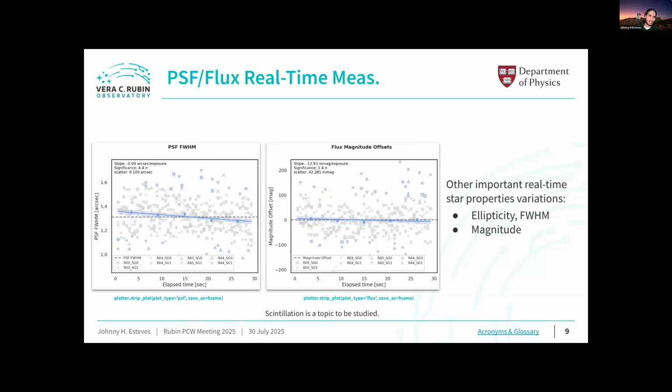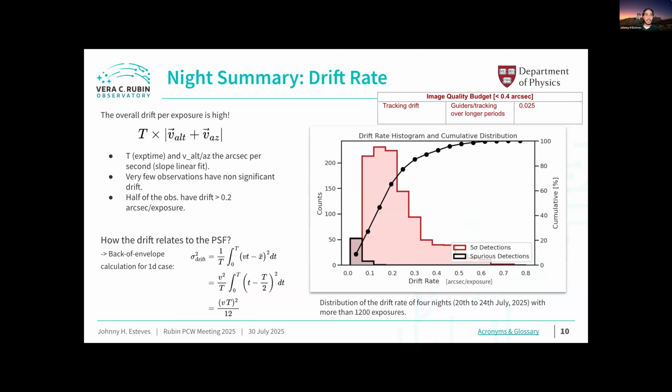And you can also look at these plots for PSF, flux, and ellipticity. And here is an example of the local measurement of how much the PSF changes during an exposure. This is a very preliminary result, but here I computed the drift rate for 4 nights from the past week.